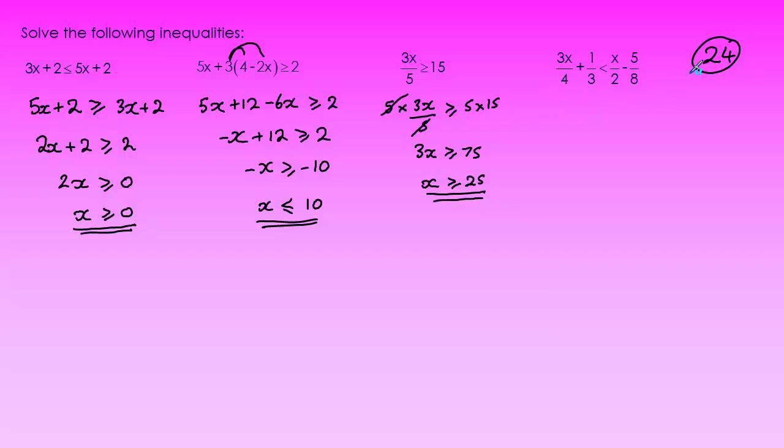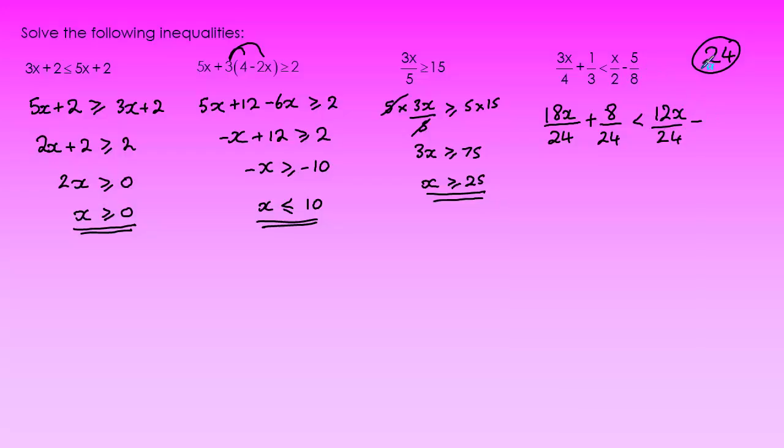4 times 6 is 24, so 3x over 4 can be written as 18x over 24. Multiply top and bottom by 6. 3 times 8 is 24, so this one is 8 over 24. 2 times 12 is 24, so this one is 12x over 24.